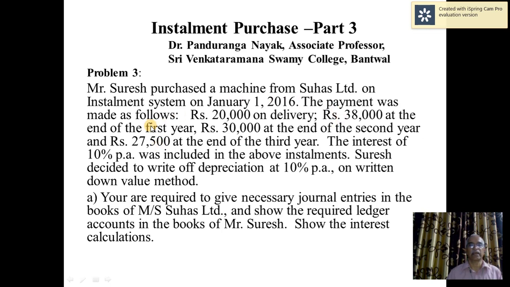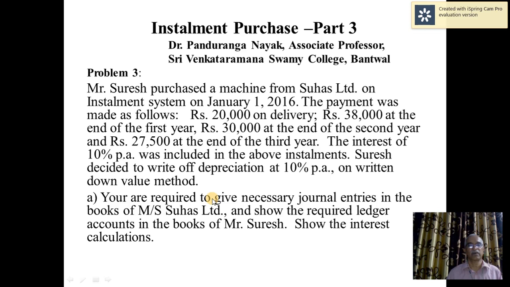Of course, with the help of this you can calculate the installment purchase price. But the problem here is that the cash price is not given. So since the cash price is not given, you cannot proceed in the normal way.